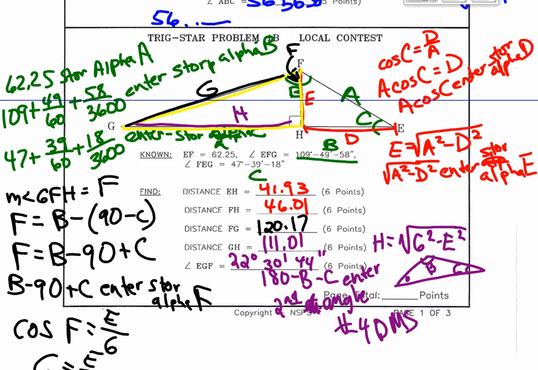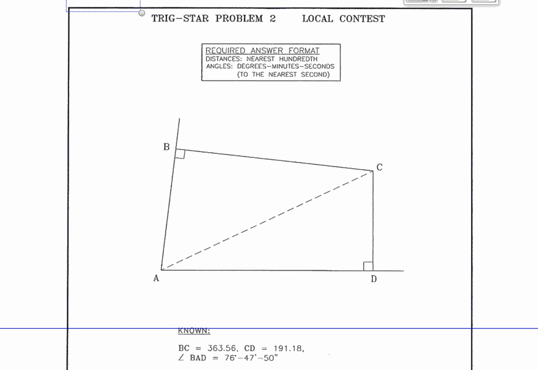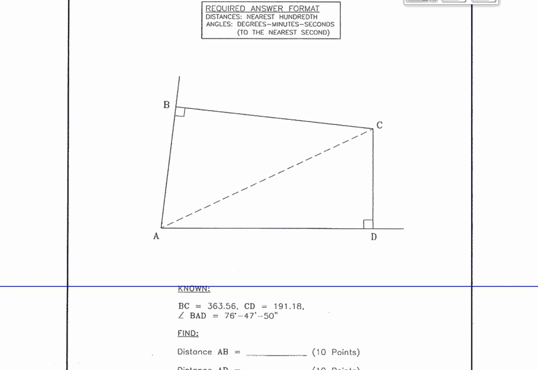Then for this page, page 2, it's problem 2 because page 1 is problem 1A and B as you look at it. So we know that right away, we're going to draw in that other diagonal.